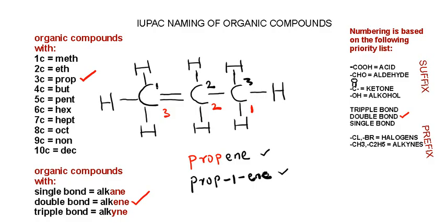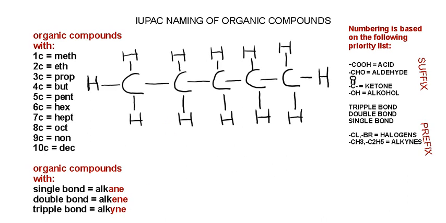Let us go ahead and look at another example. You are free to pause the video so that you will understand it very well. Good. Now, let us start by numbering this organic compound in forward and in backward direction. In forward direction, we have 1, 2, 3, 4, 5.